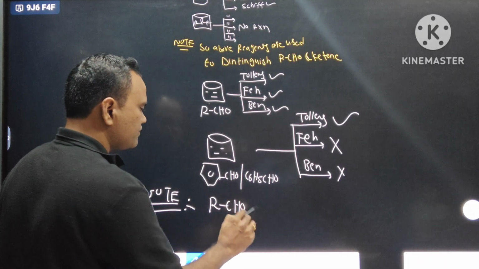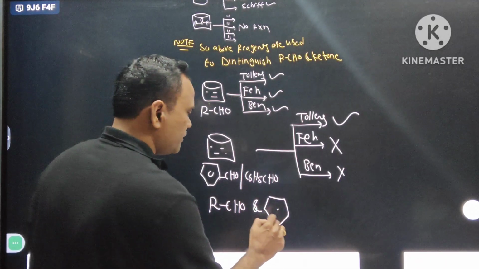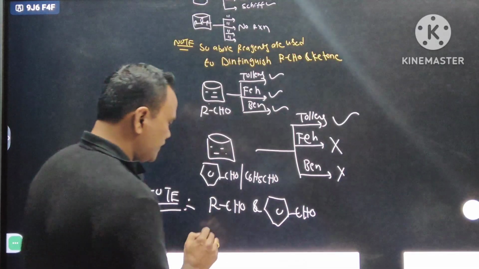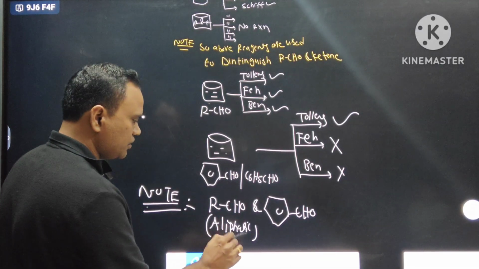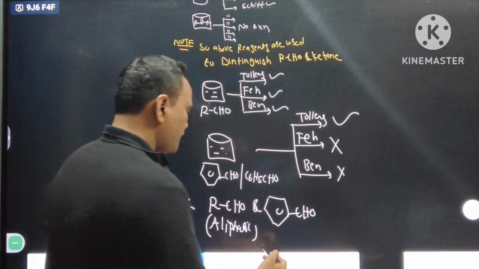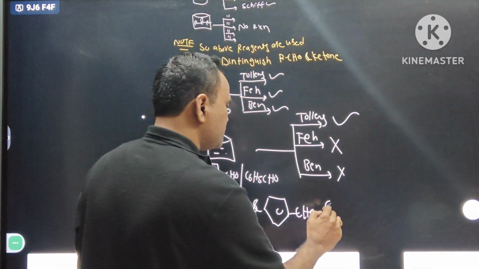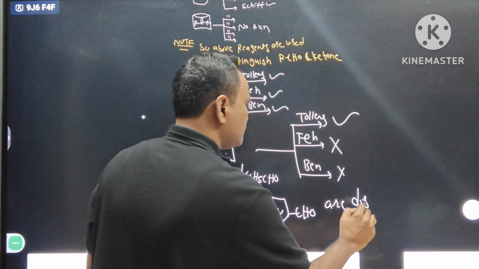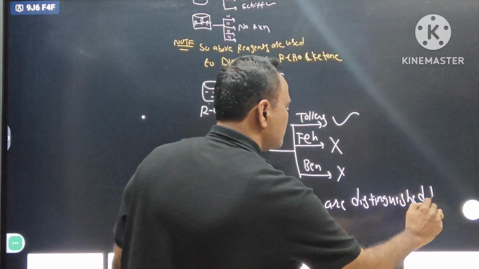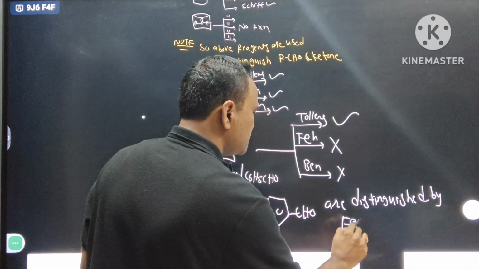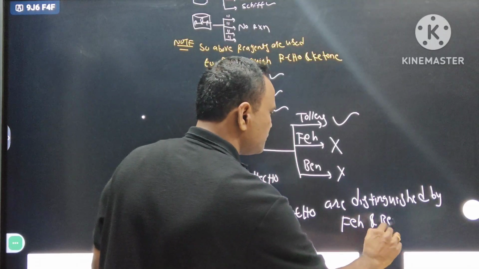Aliphatic aldehyde, mentioned within the bracket, like acetaldehyde, propanaldehyde. Aliphatic aldehyde and benzaldehyde are distinguished by Fehling's and Benedict's reagents.